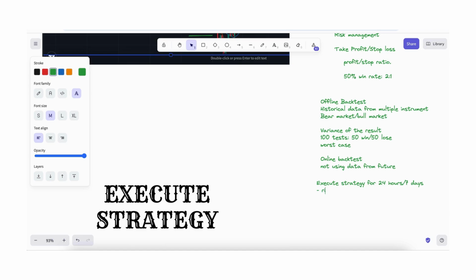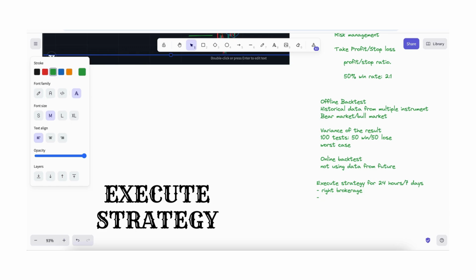You need to find the right brokerage, which allows you to call APIs to execute trades in real time. That seems trivial, but some brokerages might not allow you to do that. I think some are better than others. Some might have a complicated language which is not supported, and so on.